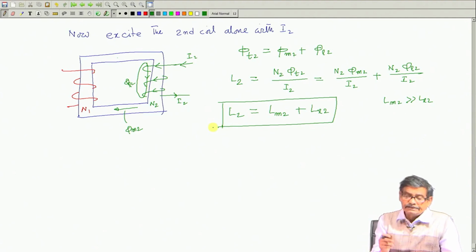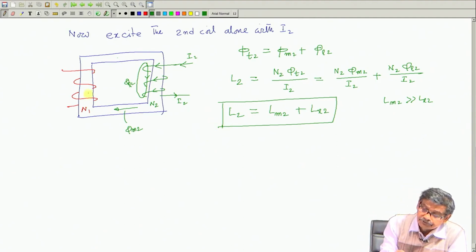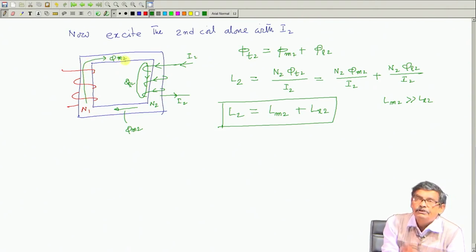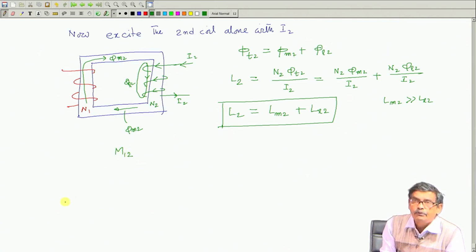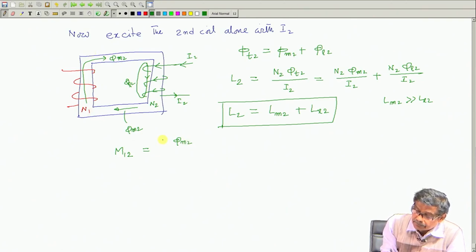When you have energized the second coil, flux is produced here and it is only the mutual flux phi m2 which will link the first coil. Then I will say that the mutual inductance of the first coil when the second coil carries current, I will write M12, and this will be equal to the mutual flux phi m2 linking N1 number of turns.